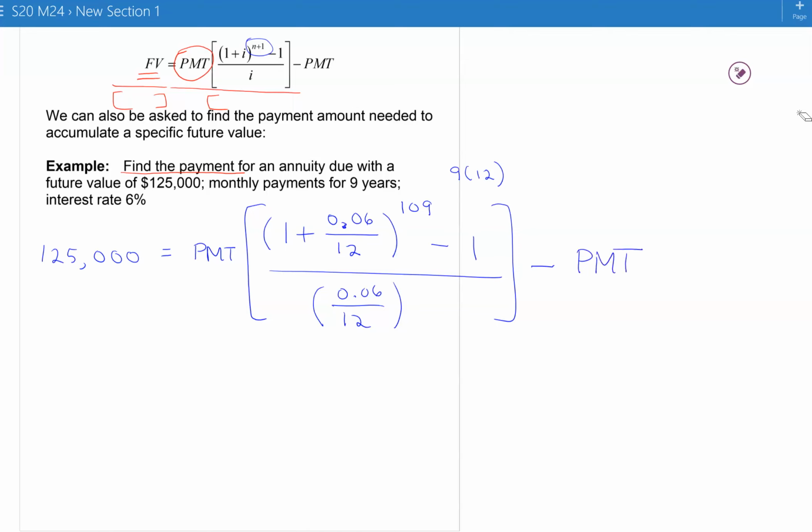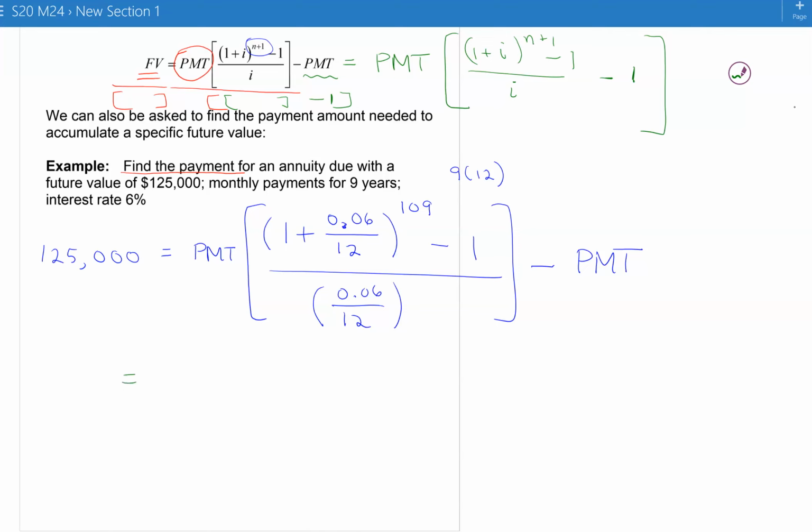Oh, and I need to make a little adjustment here. Inside what you divide by, it's going to be square box minus 1, because see how we have a common factor of payment? So we're going to have 1 plus i to the n plus 1, minus 1, over i, minus 1, because we factored out the entire term of payment.